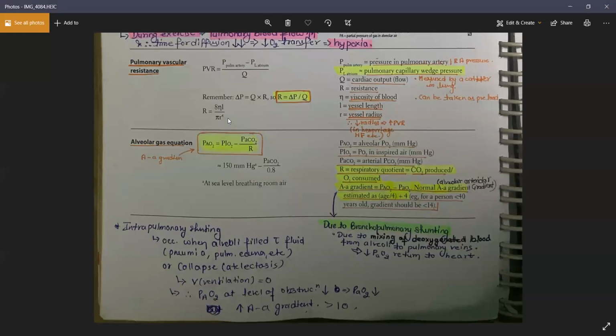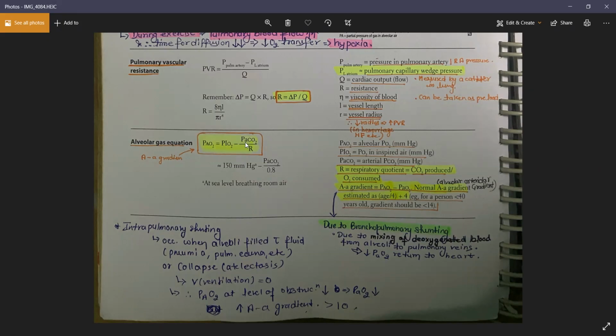Then you have the alveolar gas equation. Although Step 1 won't ask you this equation, and you don't have much use of it, remember that this equation will help you determine why the A-a gradient is present. This equation says that the alveolar partial pressure of oxygen equals the partial pressure of inspired oxygen, minus the arterial partial pressure of CO2, divided by the respiratory quotient.